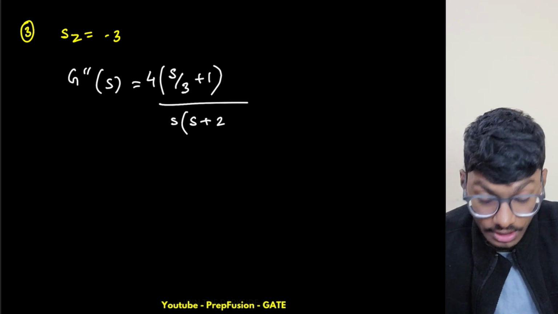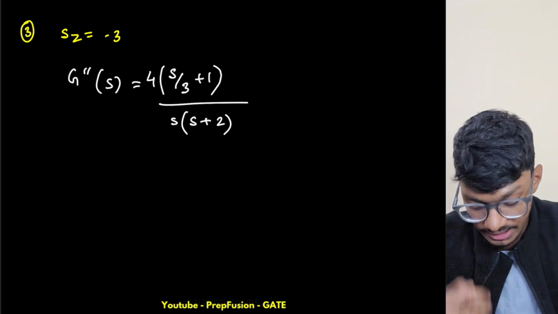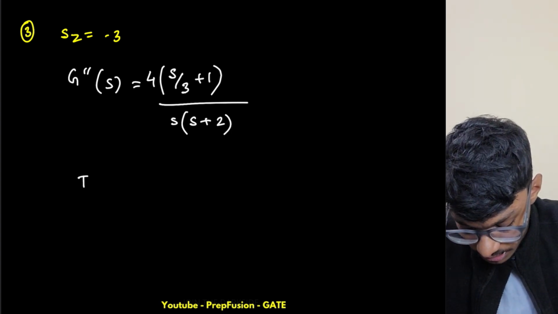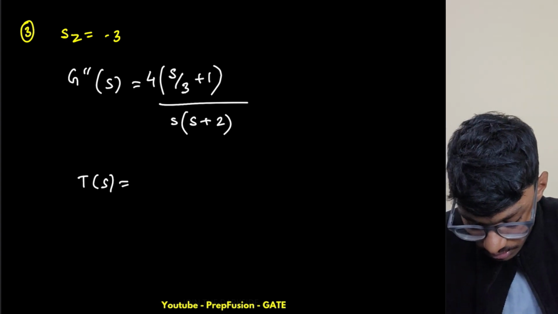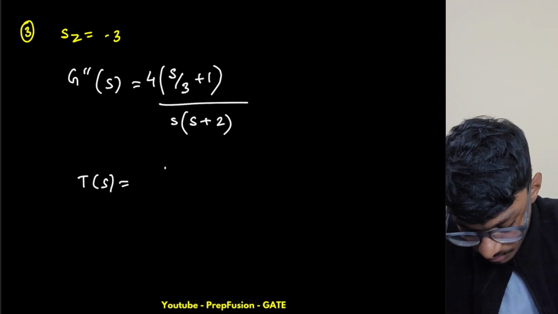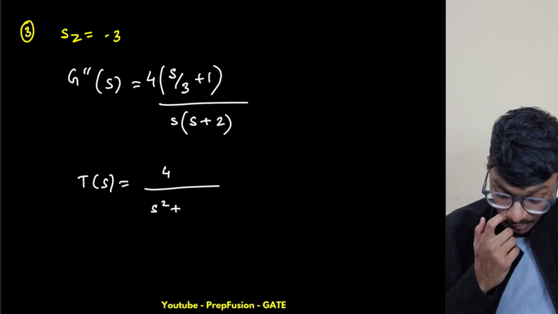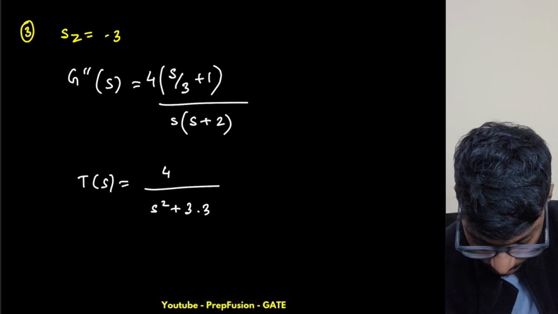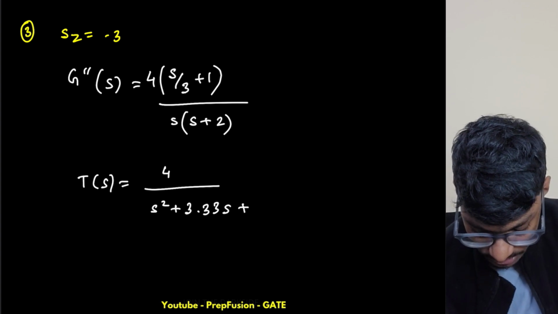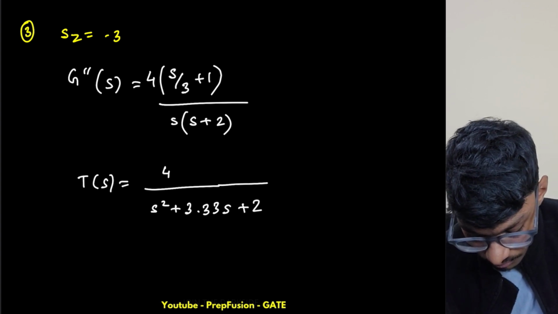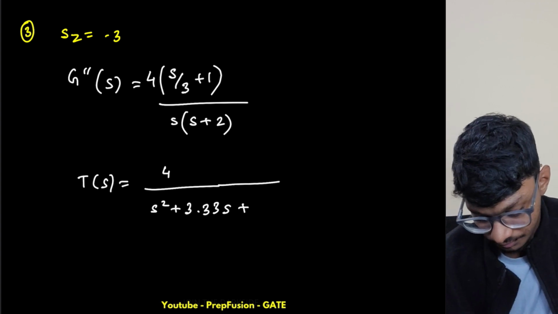Okay, so now what does my CLTF become? So my transfer function becomes like there will be 4 here. This will be s square plus, this is 1.33 plus 2, that is 3.33 s plus 2. Sorry, this will be plus 4.